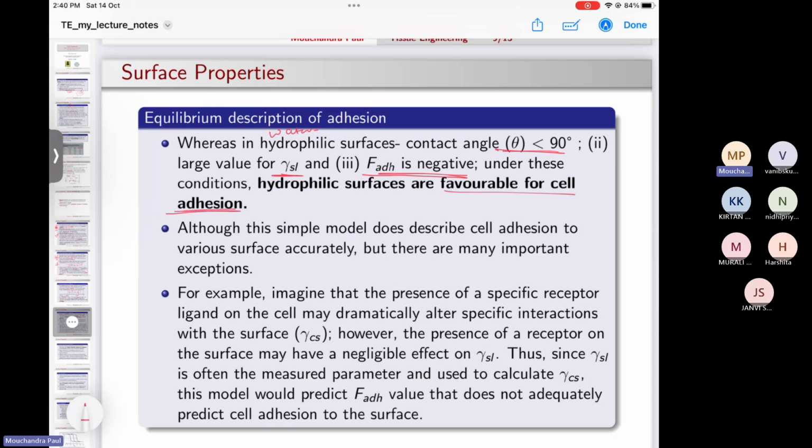Now you can understand that if we know the hydrophilicity or hydrophobicity of a biomaterial surface, then we can easily correlate it with whether it is favorable for cell adhesion or not, meaning whether you can use it for making a tissue.